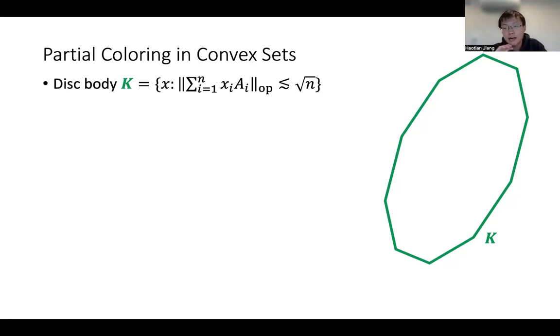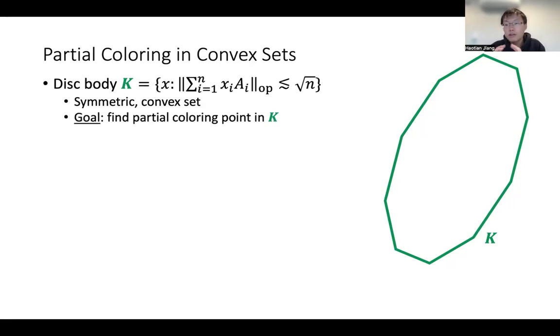The constant you can pick as large as you like. So this is the set of all fractional colorings with discrepancy at most a constant times root n. In general, this body can look very complicated, but it's a symmetric convex set. And our goal is just to find a partial coloring inside K.